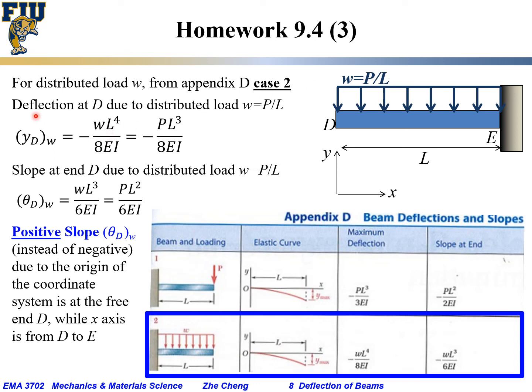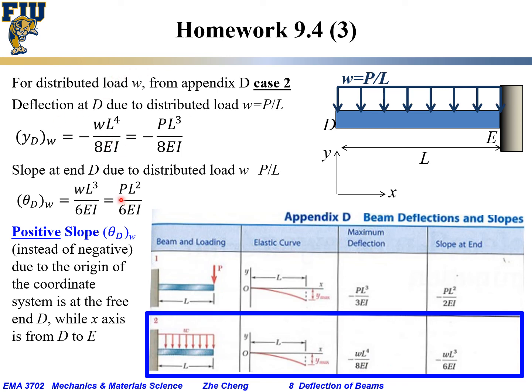So the deflection at D would be just the maximum deflection. And what is this distributed load? Here we call it W, but in this case W equals P over L. So the maximum deflection would be WL to the power of 4 over 8EI.